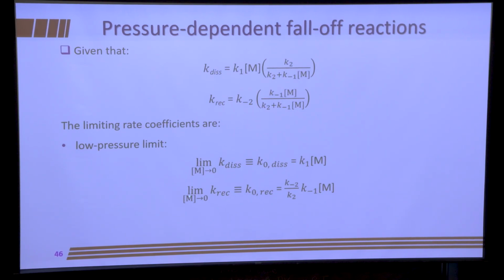Okay, and the low pressure limit as M goes to 0 for the rate constant for recombination is equal to the rate constant for the reverse of reaction 2 all over the forward rate constant for reaction 2 times the reverse rate constant for reaction 1 times M. Okay, you can derive those.